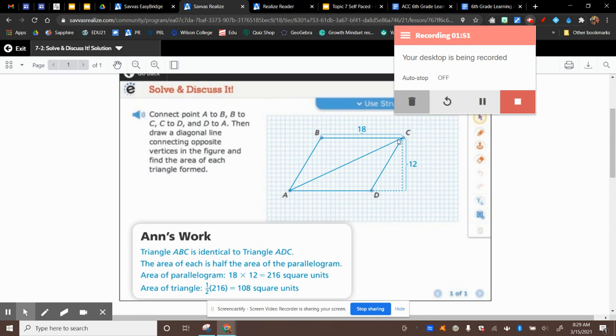We just got that from counting the squares, and the height is 12. So base times height is 216. And in order to get the area of the triangle, we take half of that because there's two triangles. And so half of that is 108, and we still use square units.